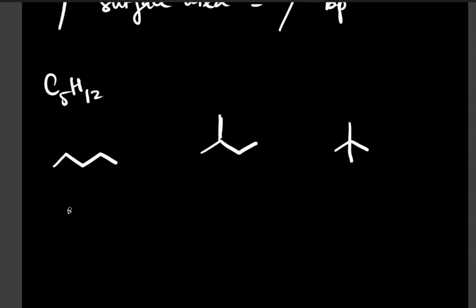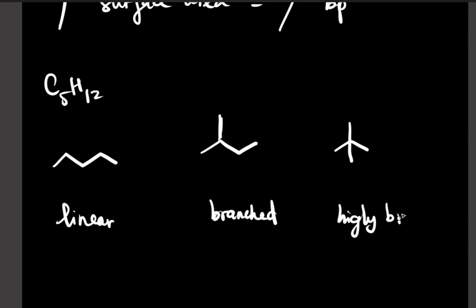You see that this is a linear shape, right? And here it's branched. Here we can clearly see two branches, so it's highly branched. It's much more branched. You can see that this shape is going to have larger surface area.